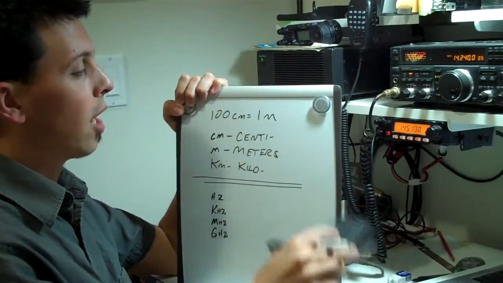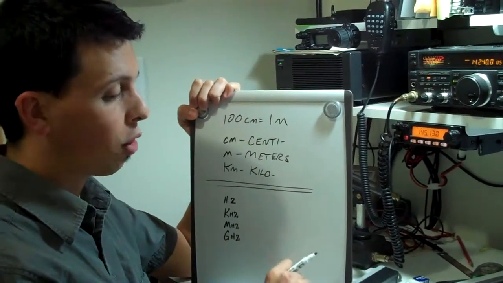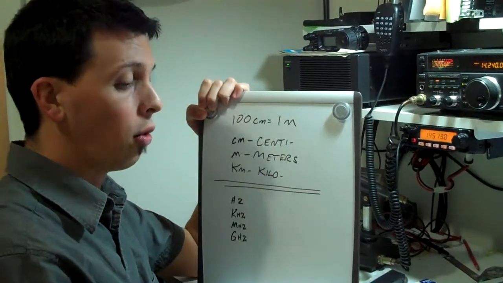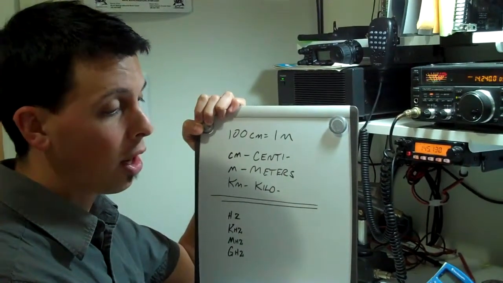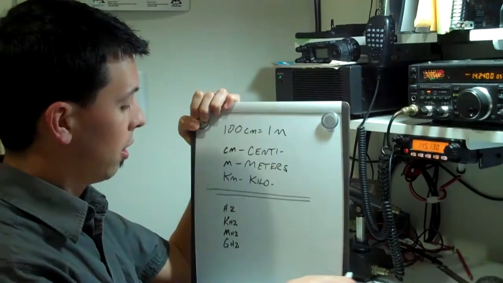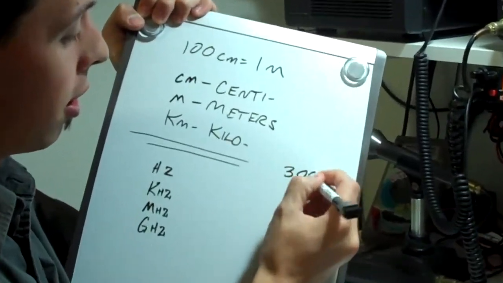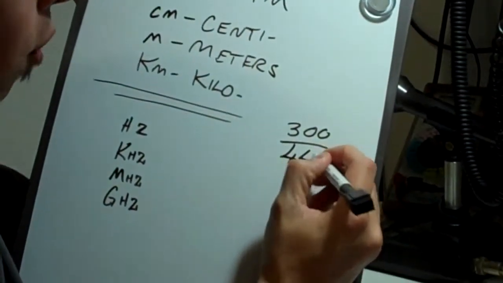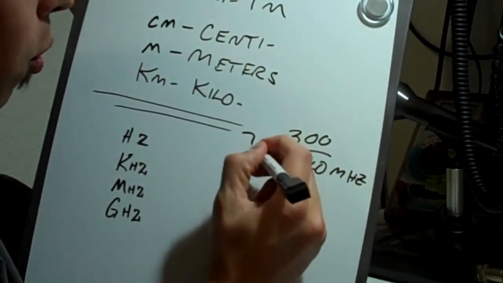And the way this relates to amateur radio is going to be, you have the 440 band, or 440 megahertz, and we want to know what the wavelength is. Well, we're going to take 300, remember. Let me go ahead and do this right here. We'll take 300 divided by 440 megahertz. Remember, that equals wavelength.